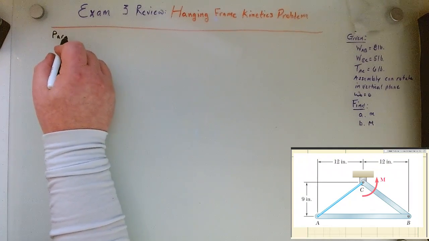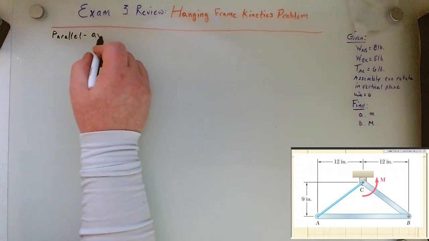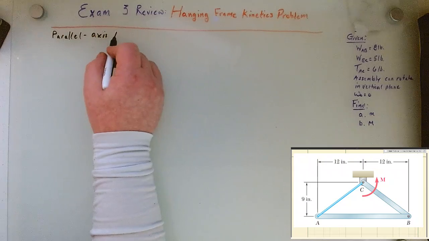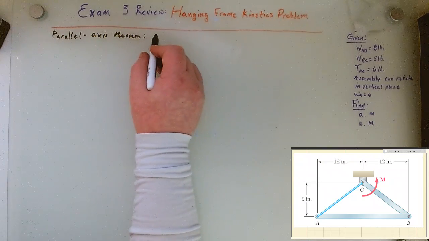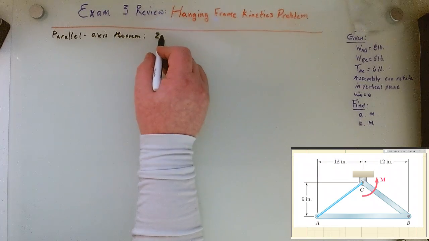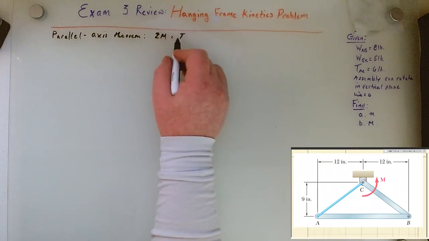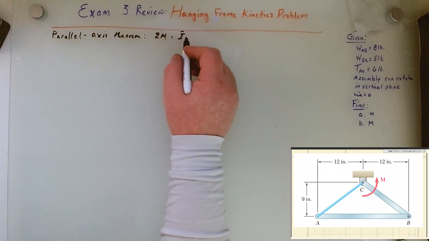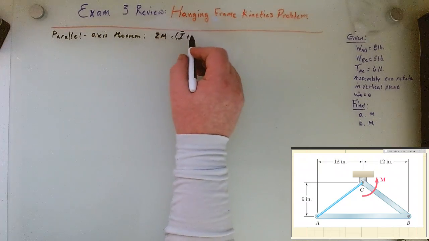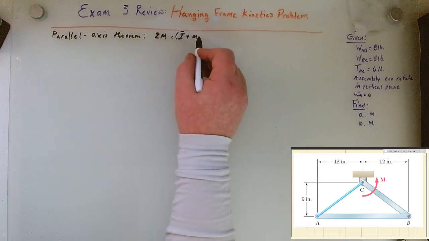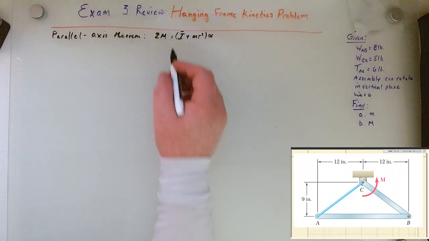So remember, the parallel axis theorem is that the sum of the moments about some point is equal to I bar plus, in parentheses, m r squared, times alpha, right?